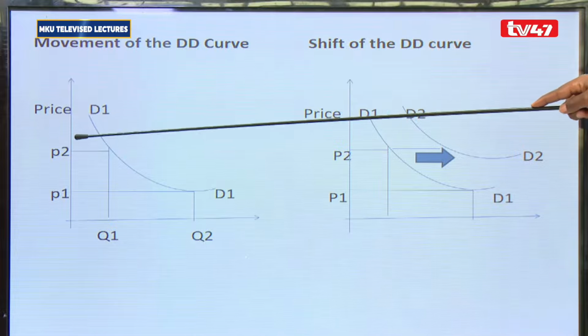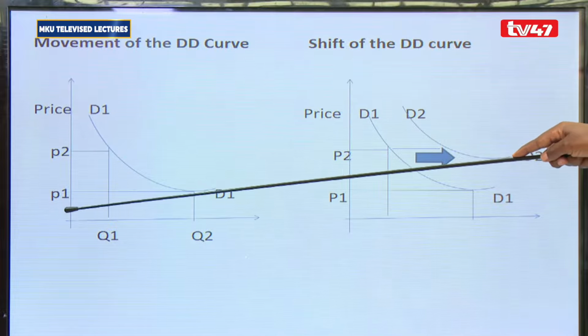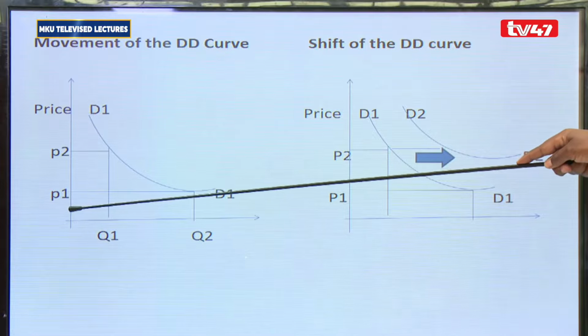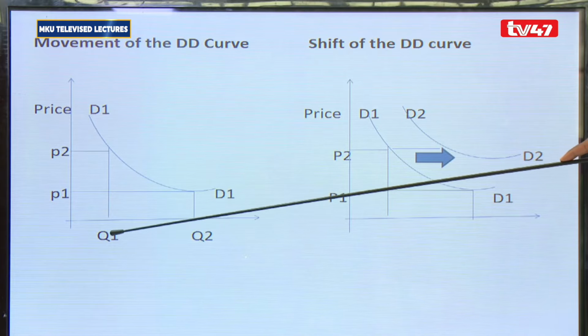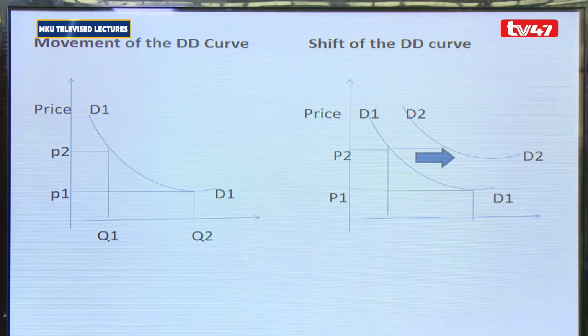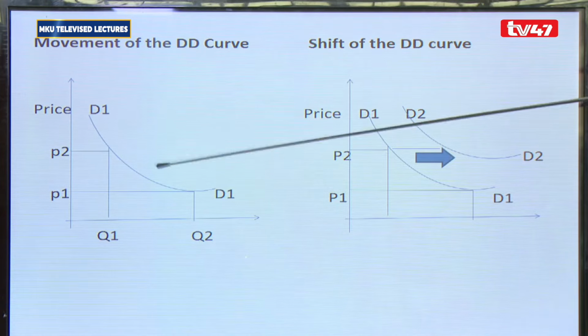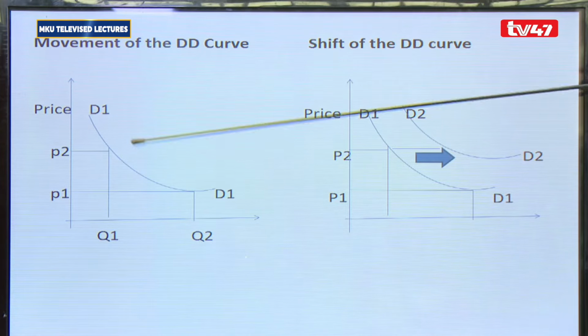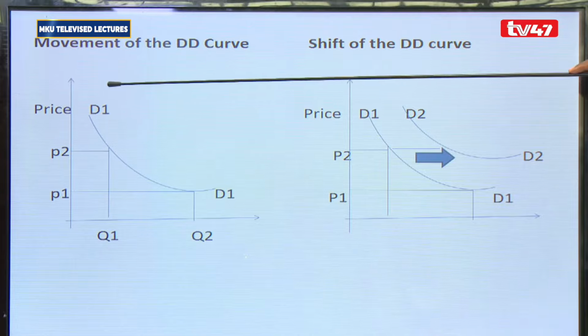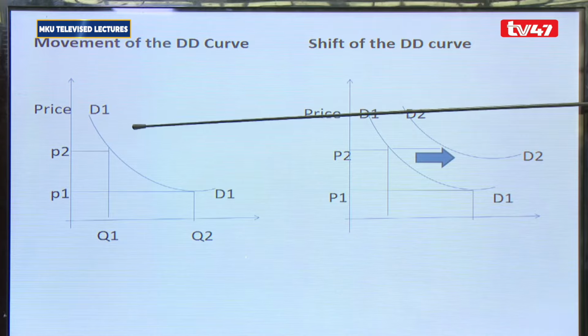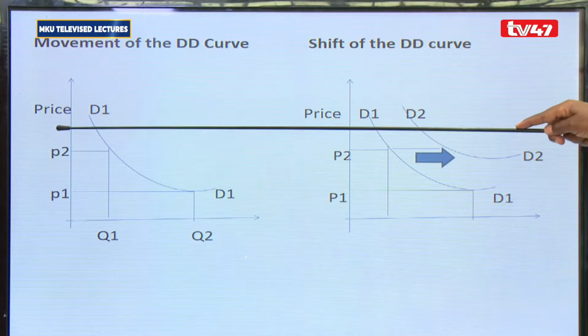If the price had decreased from P2 to P1, the demand would have increased from Q1 to Q2. Note, the movement is along the same demand curve, D1. And that movement has been caused by only one factor, the price.